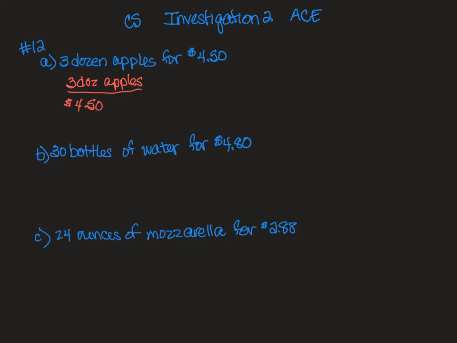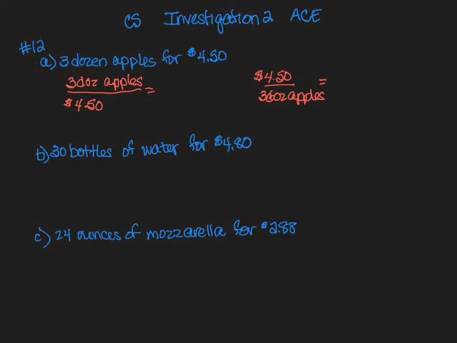Or I can write that it's going to cost me $4.50 for 3 dozen apples. And I can find the unit rate either way. And so I'm going to do it both ways so you can see how that works out.